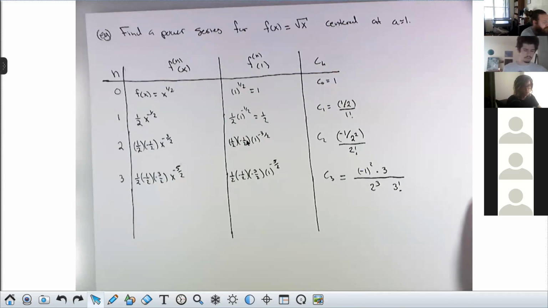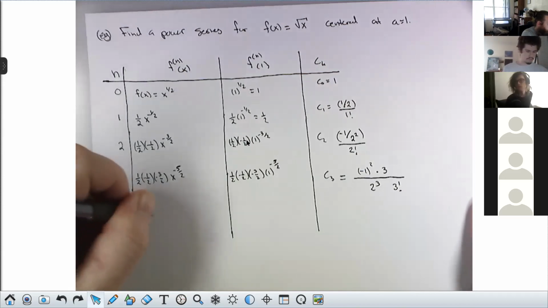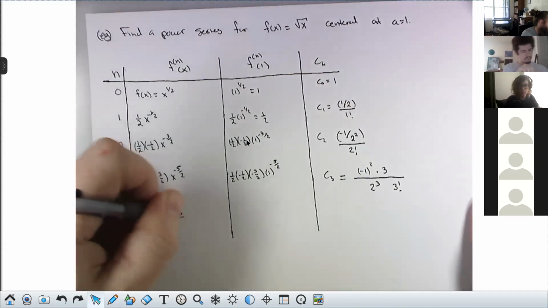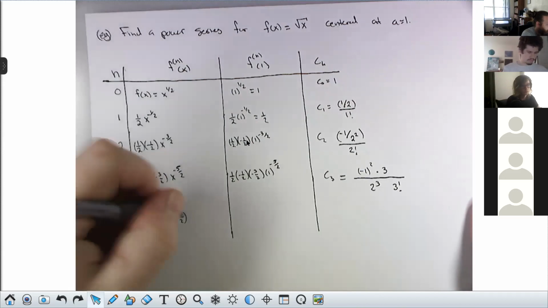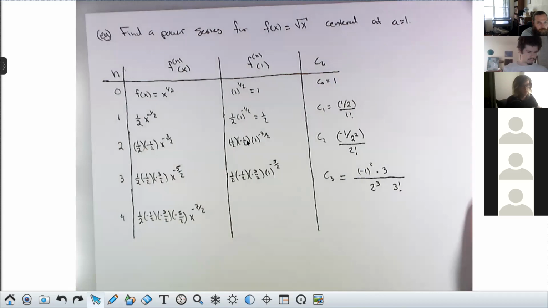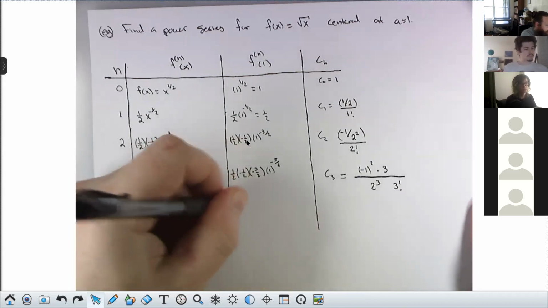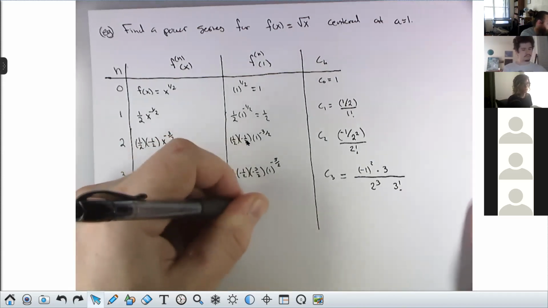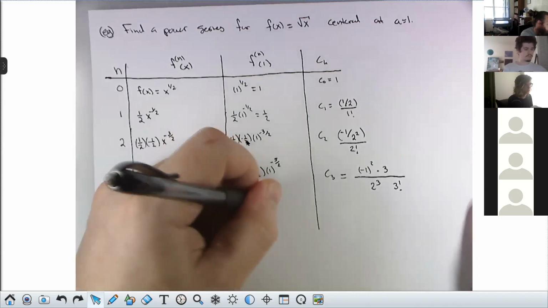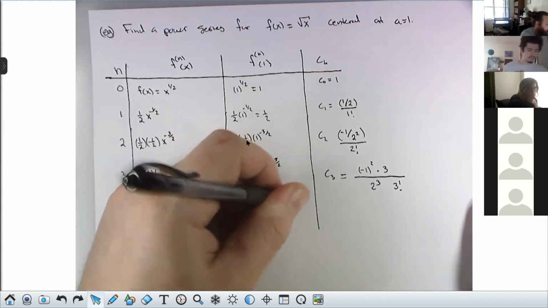When n is 4, this will be 1/2 times -1/2 times -3/2 times -5/2 times x to the -7/2. That's the fourth derivative of that. Plugging in 1 for x, this is 1/2 times -1/2 times -3/2 times -5/2 times 1, 7/2.